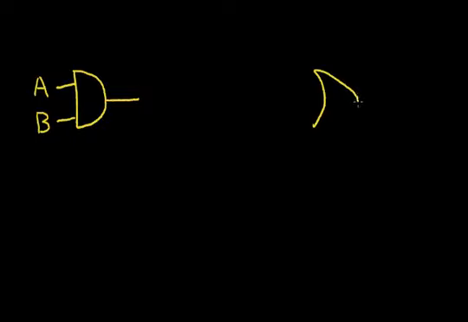The symbol for the AND logic is this, where this is, say, input A and input B and output. Now the OR logic symbol is slightly different. It has a curve as input. We call this input A in our example, input B, and it has an output.